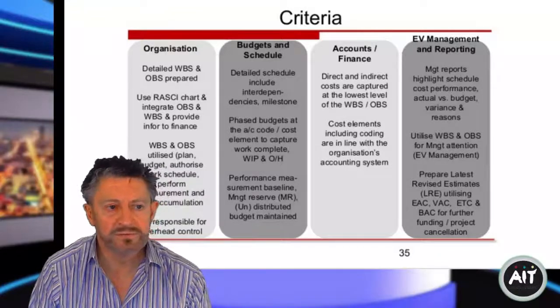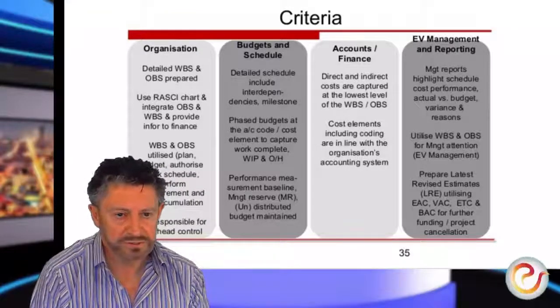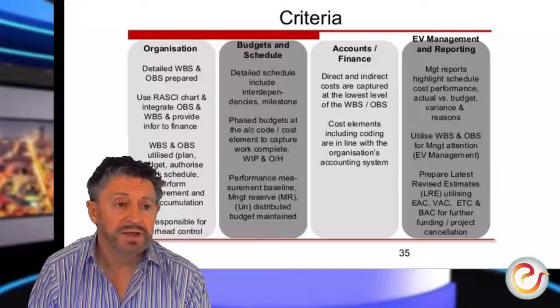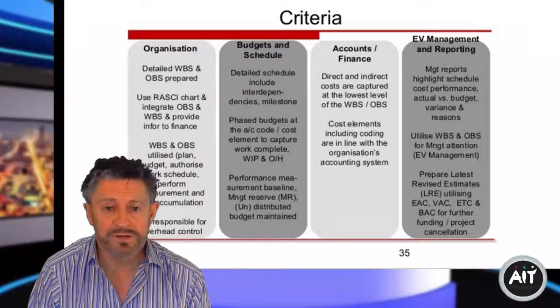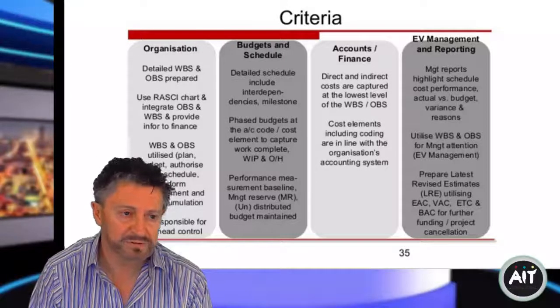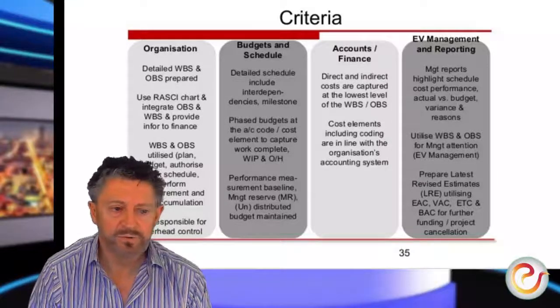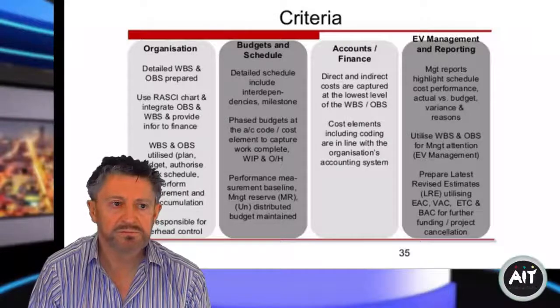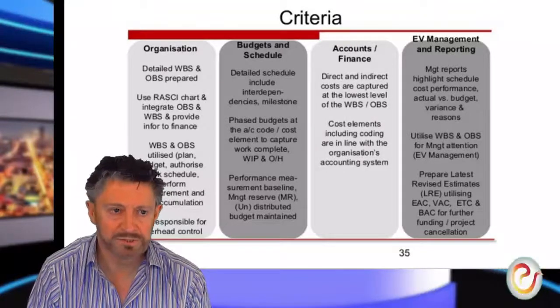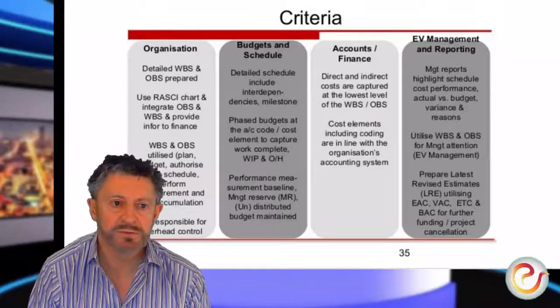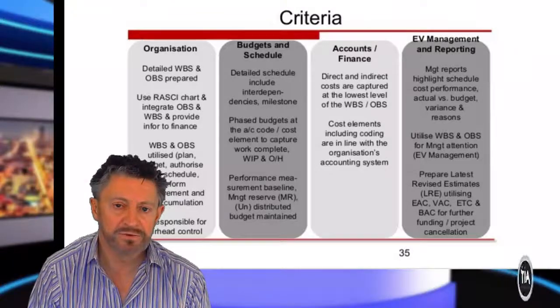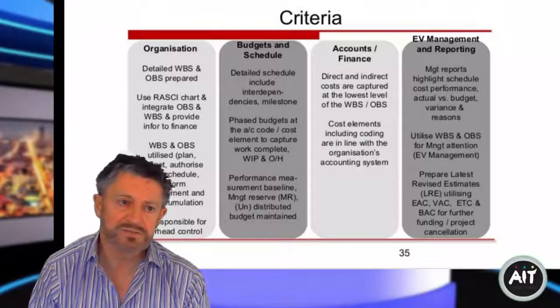Integrate that with the organizational breakdown structures, and provide information to finance, and so on down. So the organization is responsible for overhead control. That's the company, the senior management, so they can see what's been spent on their projects. They get a cost from finance based on the details that you've given them.